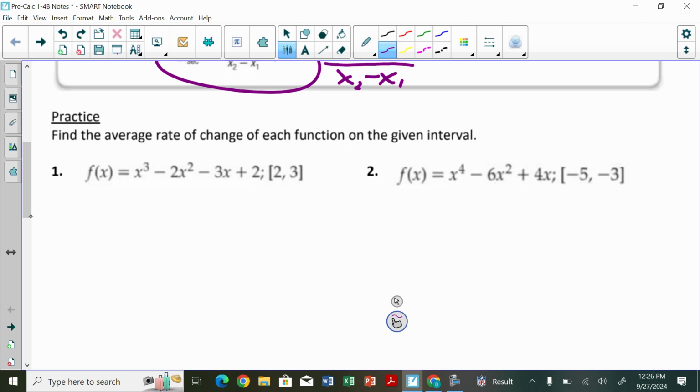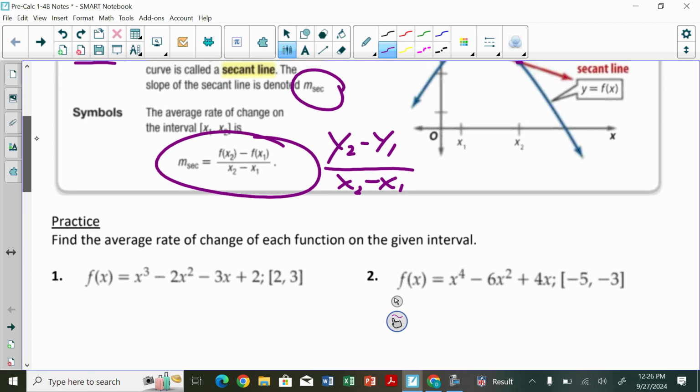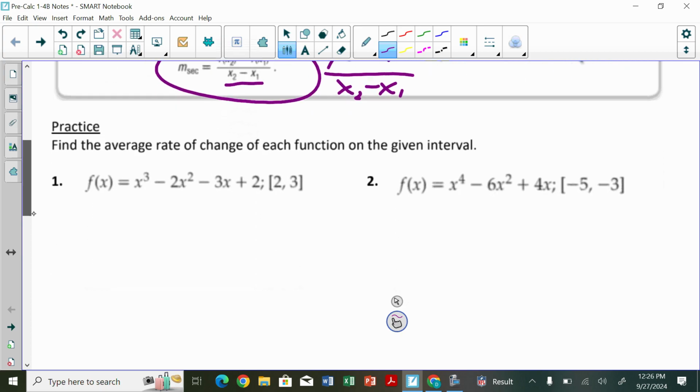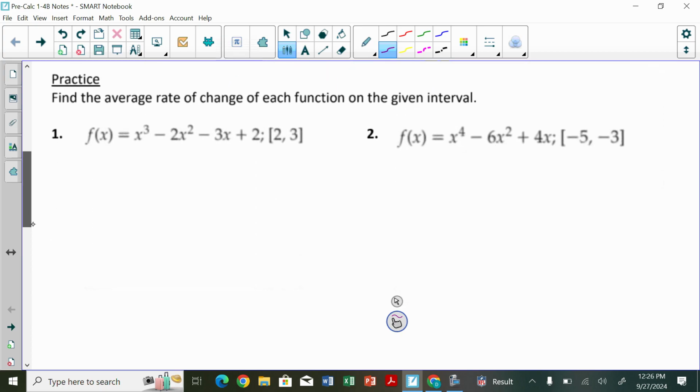As we continue on, let's find the average rate of change of each function. There are a couple of different ways you can do it. The only difference here, instead of just having points, is that you're going to evaluate the function at these points, and the interval is where these points go. So for this first question, find the average rate of change of each function on the given interval.